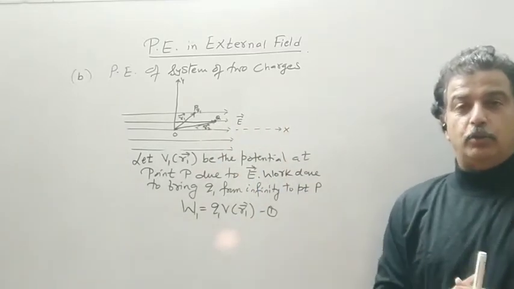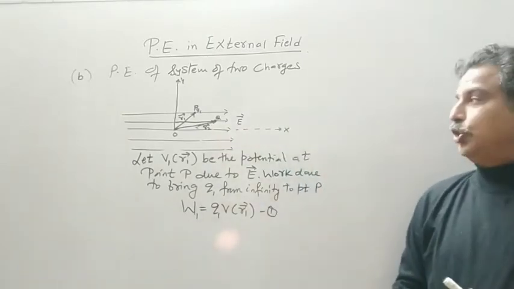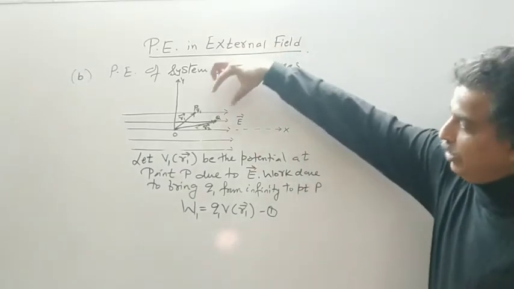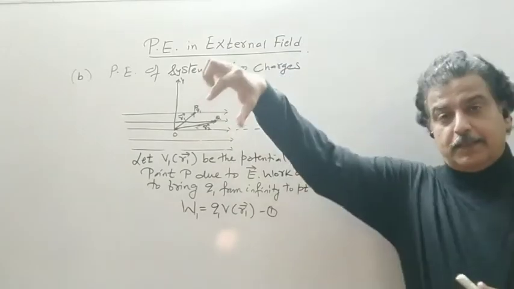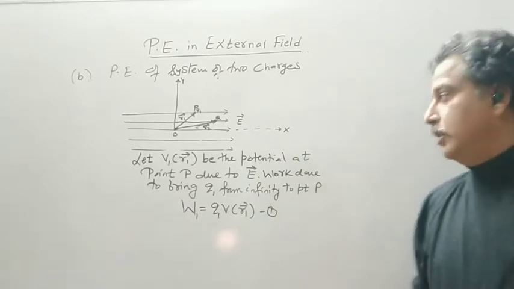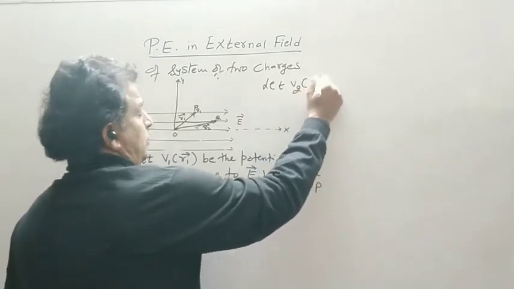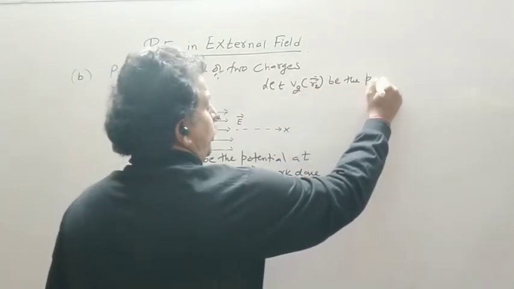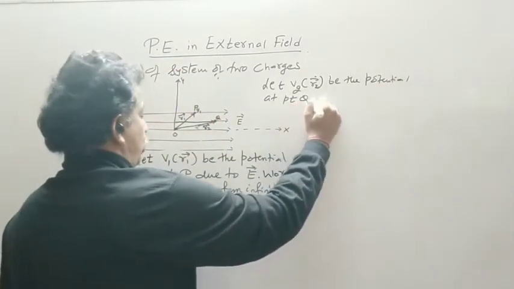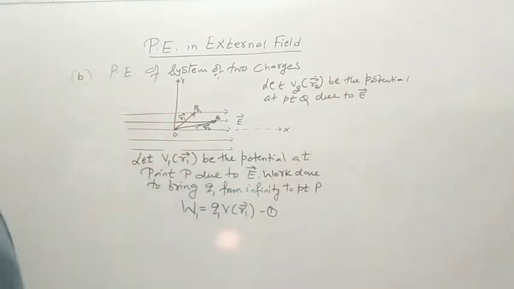So first we will find out the potential at R2 due to the external field, and then we know when we do the work against the two charges in the last topic, it will be k Q1 Q2 upon the distance between the test and source. So let V2(R2) be the potential at point Q due to E vector, that is due to external field.